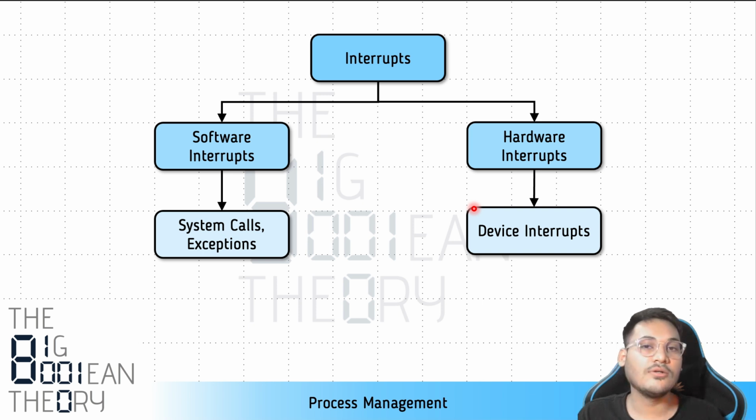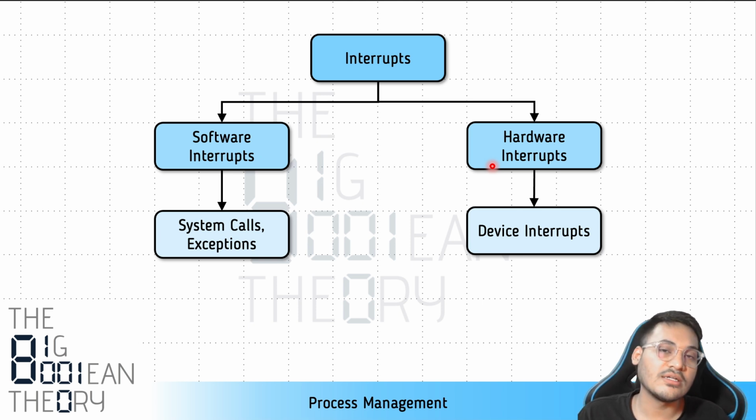As you can see, there are two types of interrupts: software interrupts and hardware interrupts. The idea of dividing the interrupts is based on the source. If the source of the interrupt is software, let's say some user process, then it is a software interrupt. Examples of software interrupts are system calls and exceptions, whereas hardware interrupts come from hardware devices like IO devices, right?